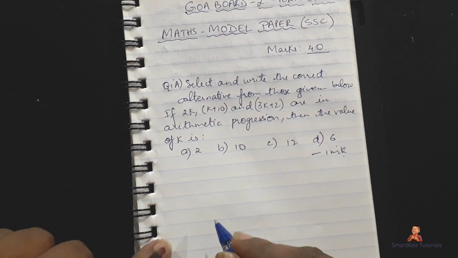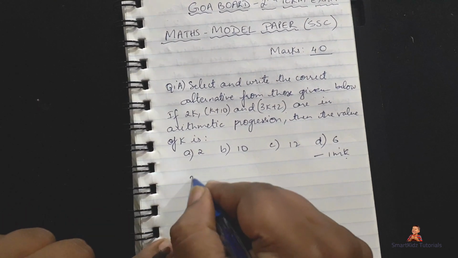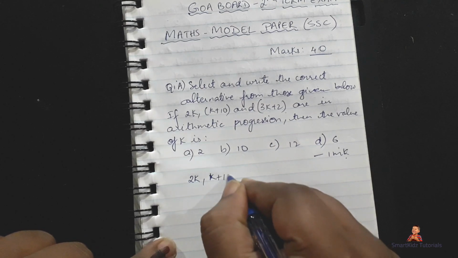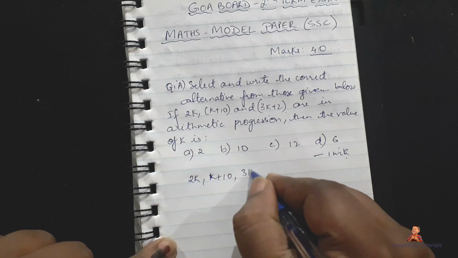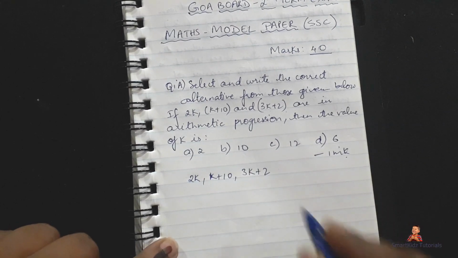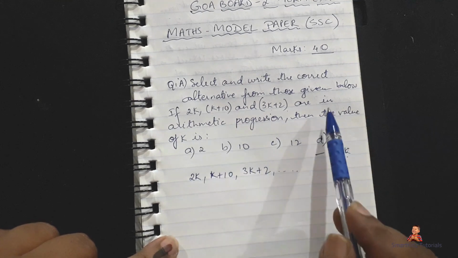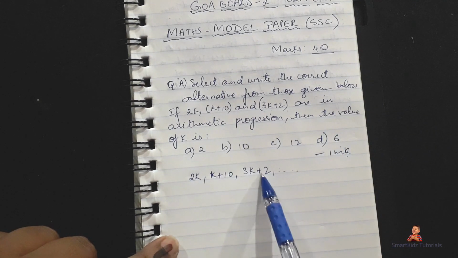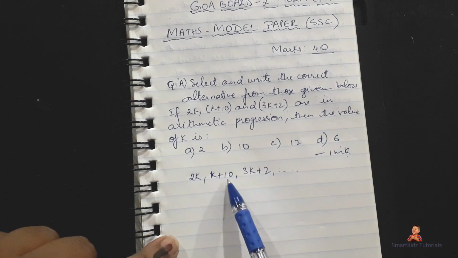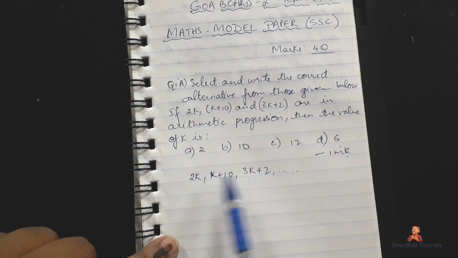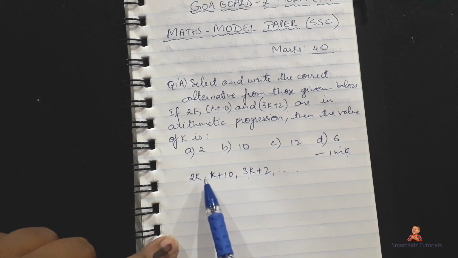The progression given to us is 2k, then k plus 10, then 3k plus 2, and so on. Here we are asked to find the value of k. If we want to find the value of k, we'll have to get it by comparing the terms.